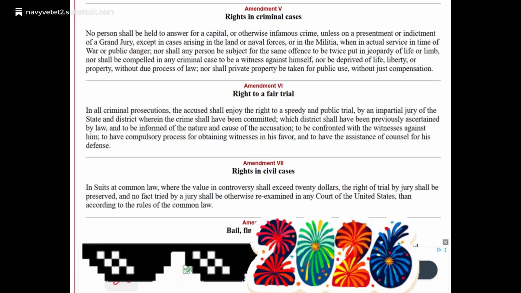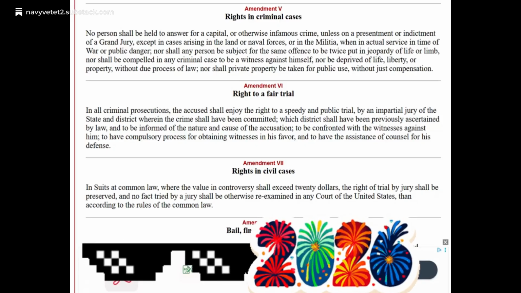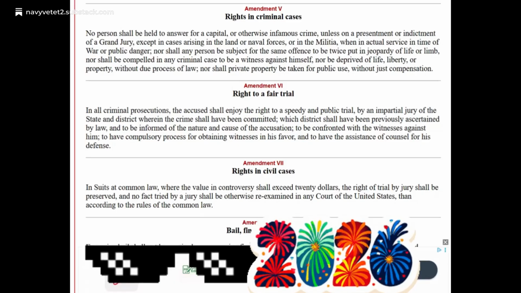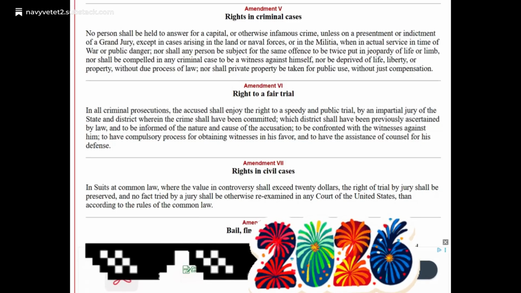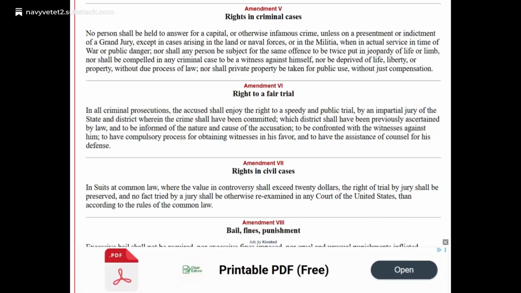By using the doctrine of eminent domain, in those cases, owners are compensated for the value of their property, although in many cases without significant litigation.